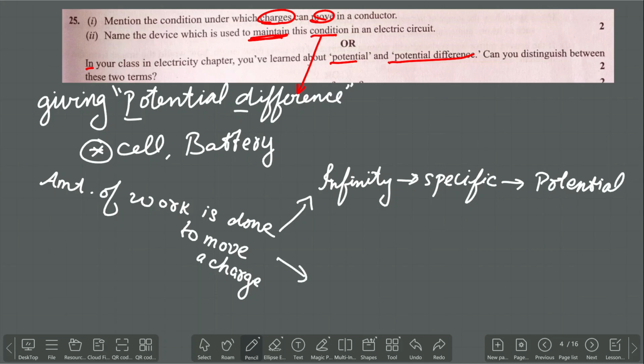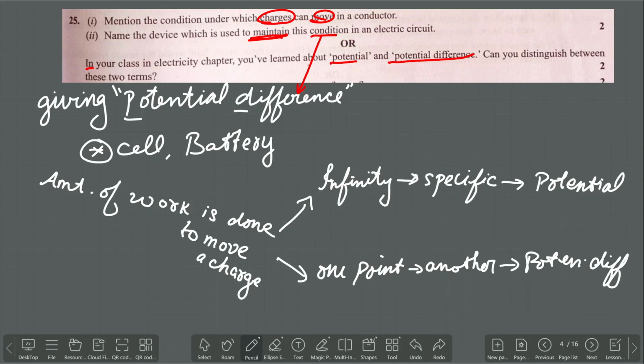In the same way, the amount of work done to move a charge from one point to another point in a circuit, that term we will call the potential difference. So here, one important phrase we need to use for both statements, at the last, is "against electric force".